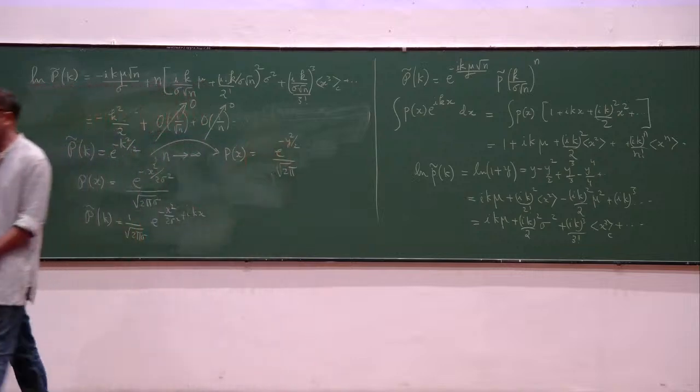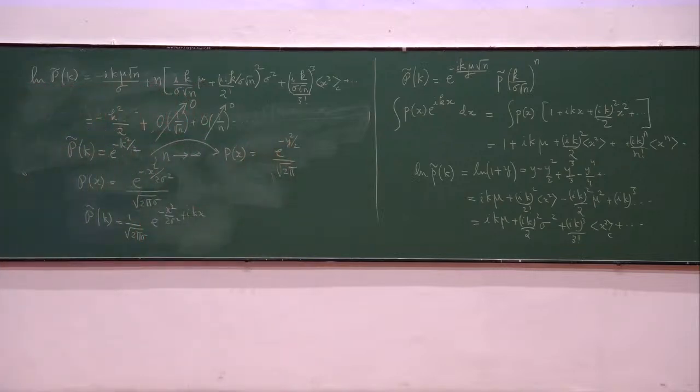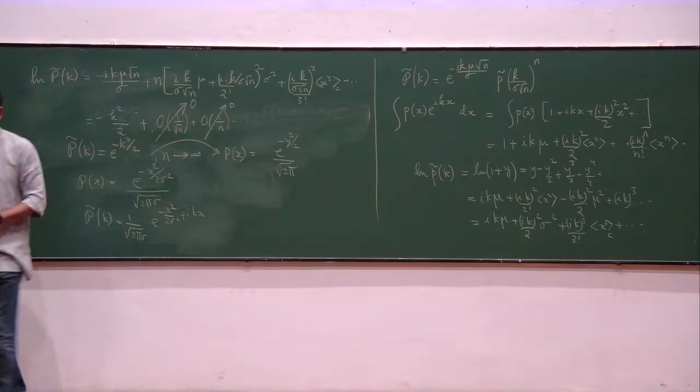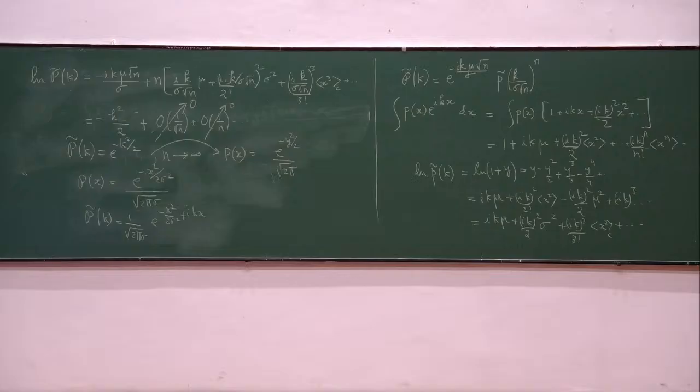Okay, so that is the derivation of the central limit theorem. Any doubt in this? It used the fact that n goes to infinity in dropping these higher order cumulants.